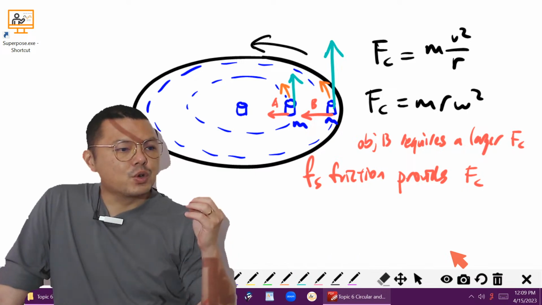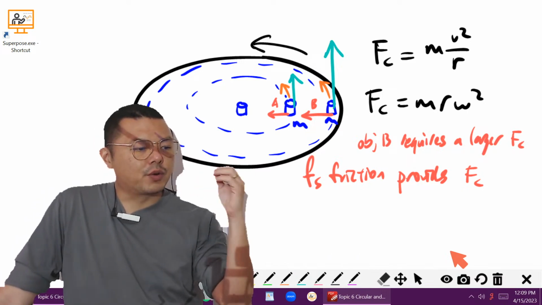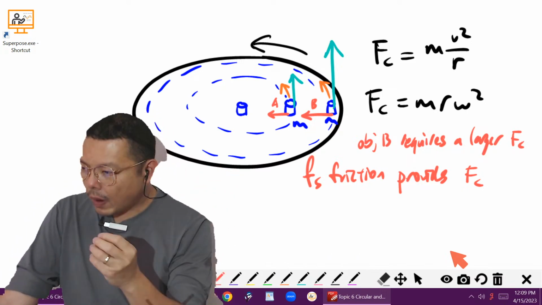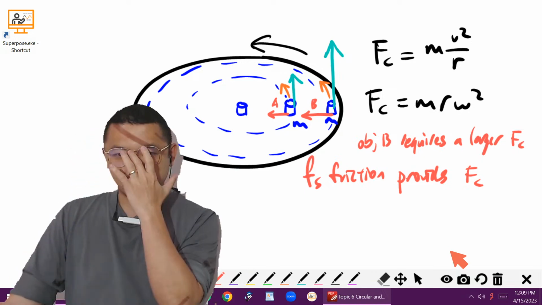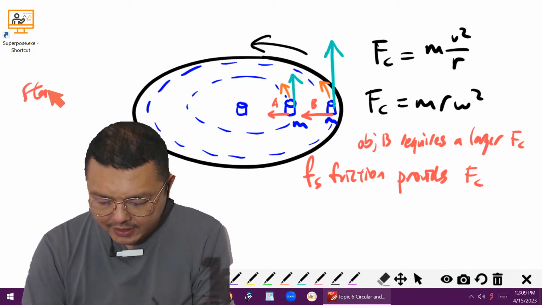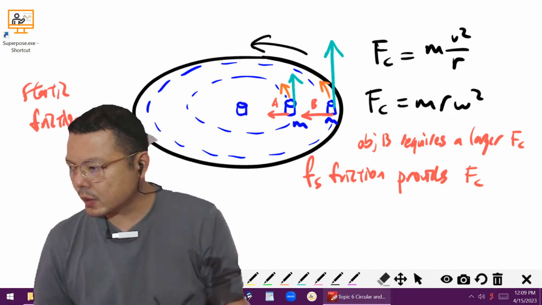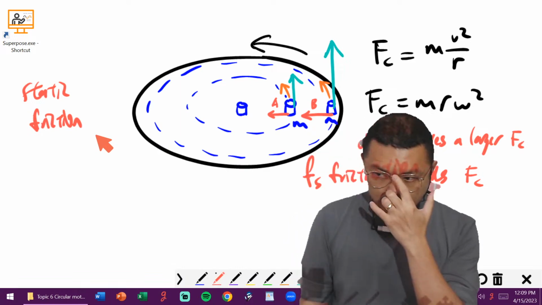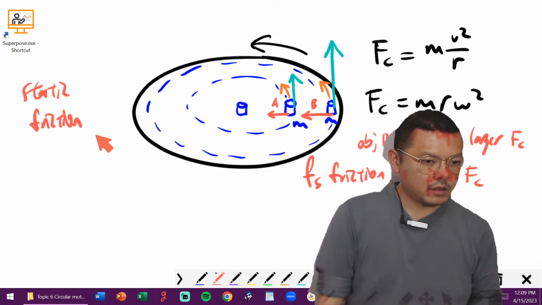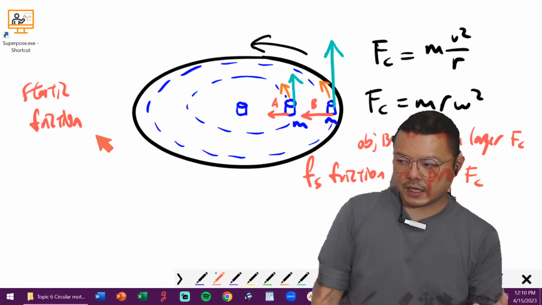Okay, so you need to do a bit of throwback to topic 2. What do you understand about the properties of static friction? What does static friction do?